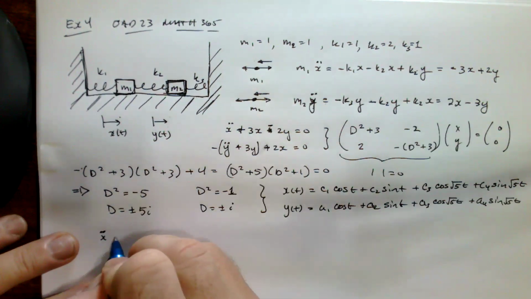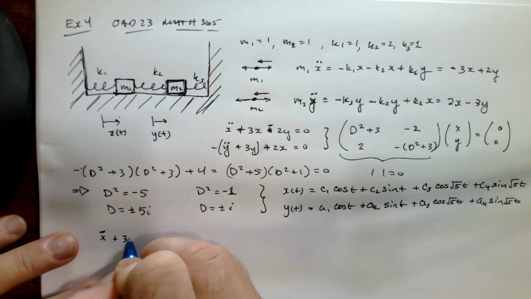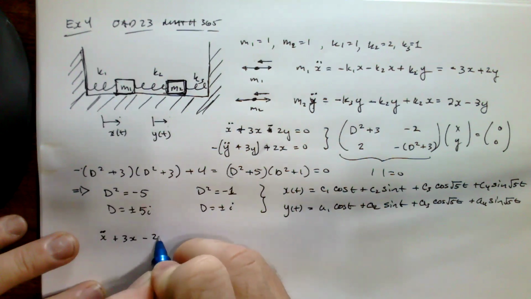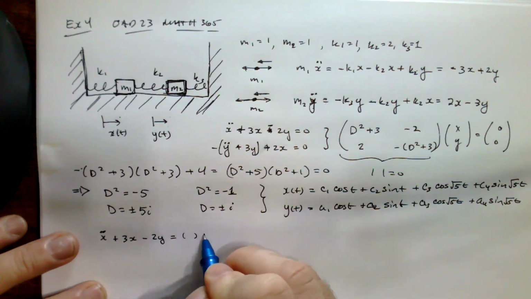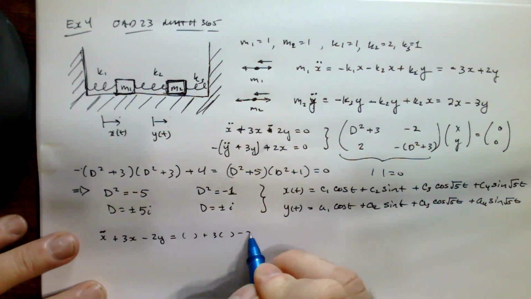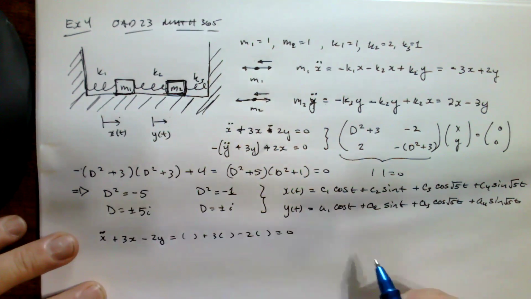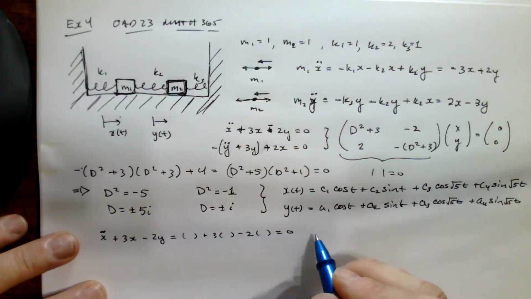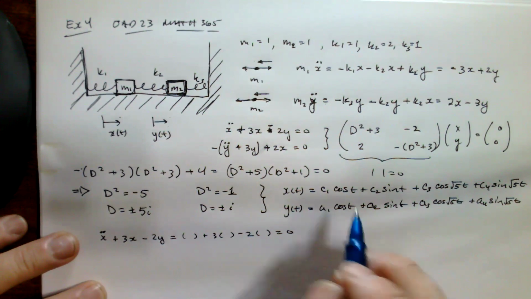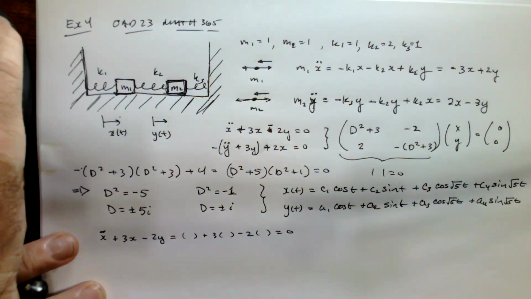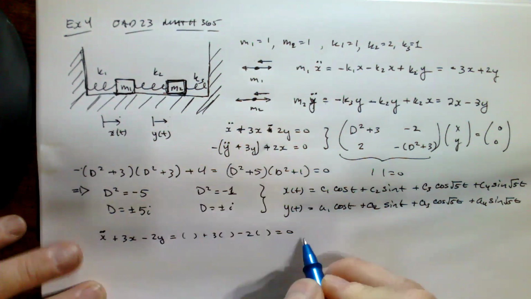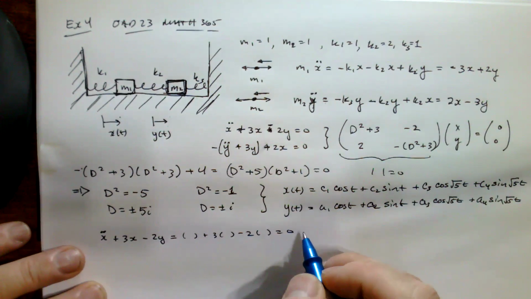So we have x double dot plus 3x minus 2 times y. We would plug in each of those values and set it equal to 0. Then solve, and we would do the same for each of the systems and equate coefficients once we're done. So the process is algebraically a little bit messy.